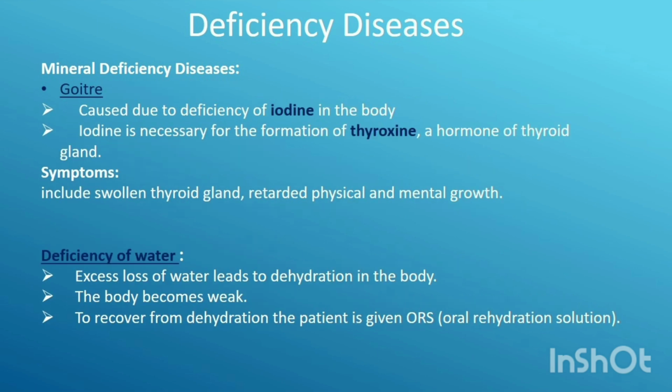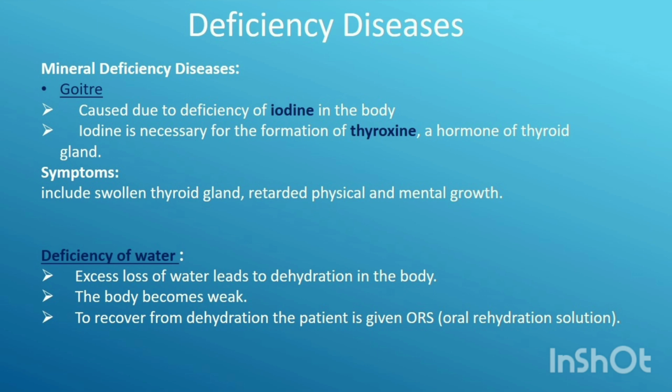Next one is goiter. Goiter is caused due to deficiency of iodine in the body. Iodine is necessary for the formation of thyroxine, a hormone of thyroid gland. Symptoms of goiter are swollen thyroid gland, retarded physical and mental growth.